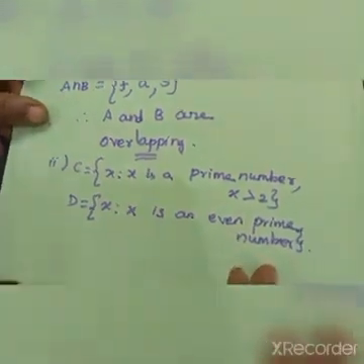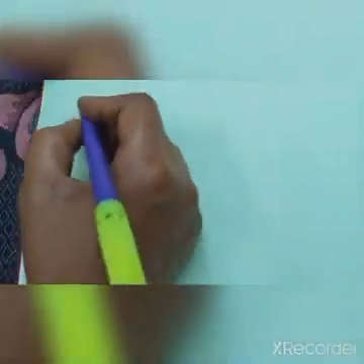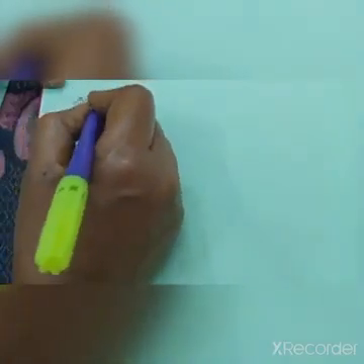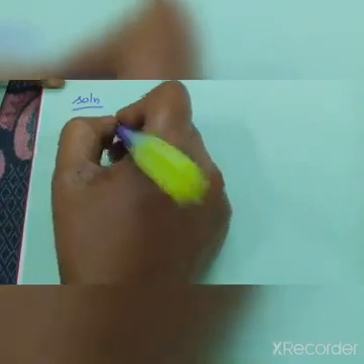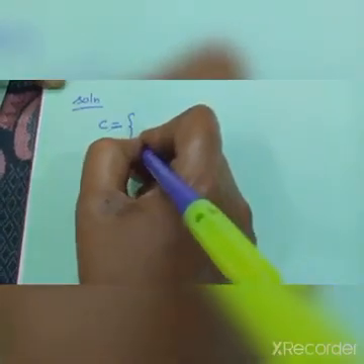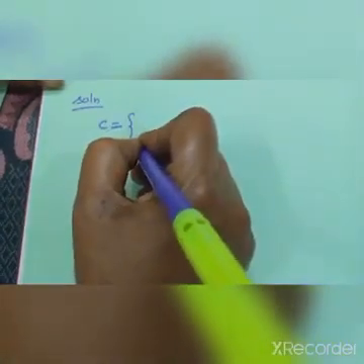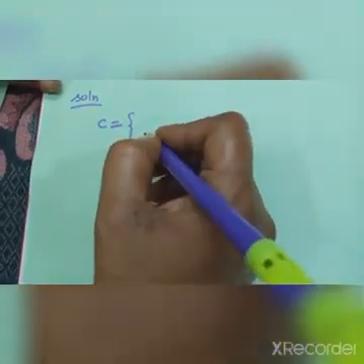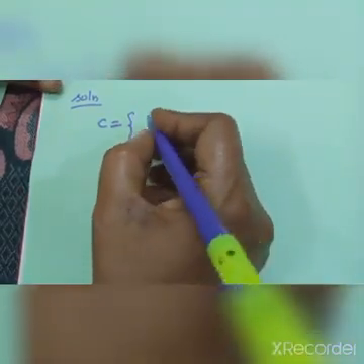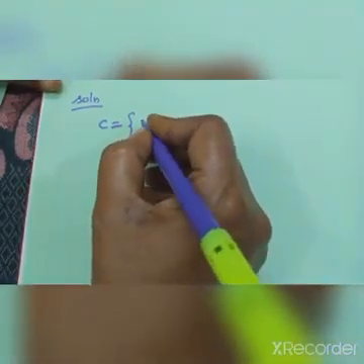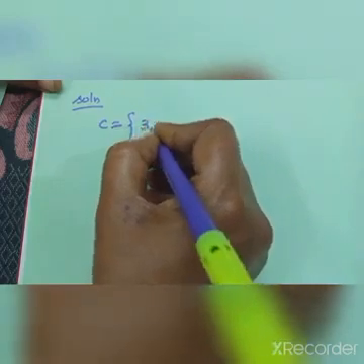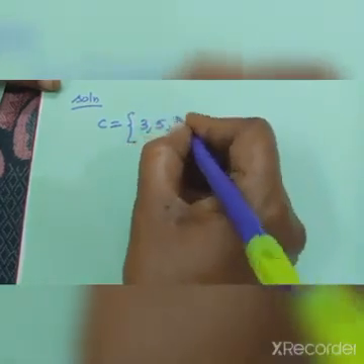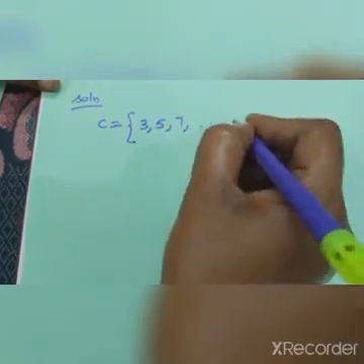So what is C? Let us write. C is a prime number but x is greater than 2. So 2 won't come. Above 2, what are the prime numbers we have? 3, 5, 7, etc. No end.